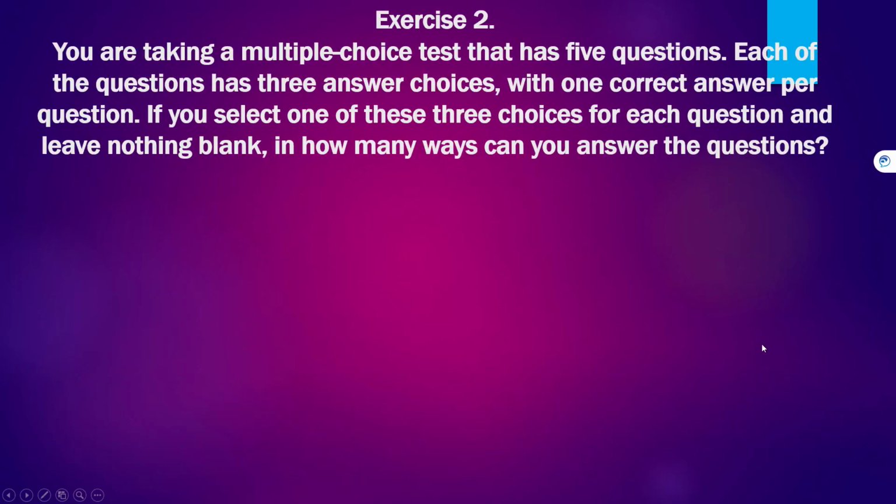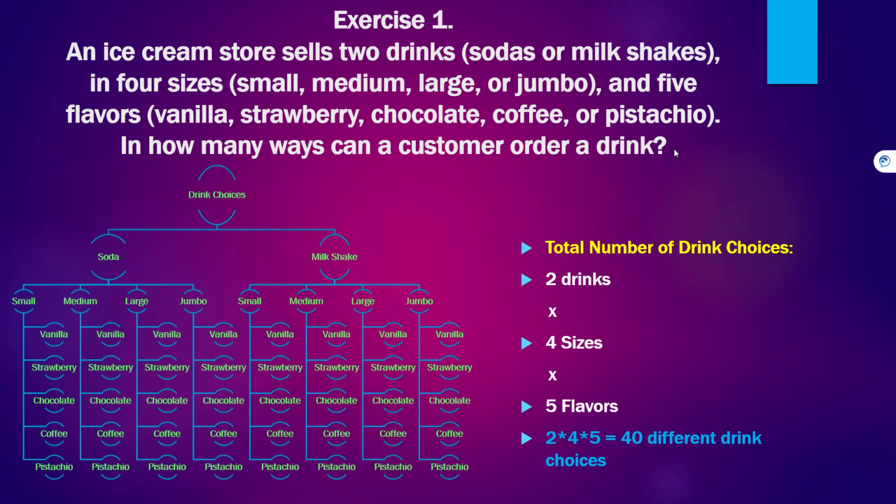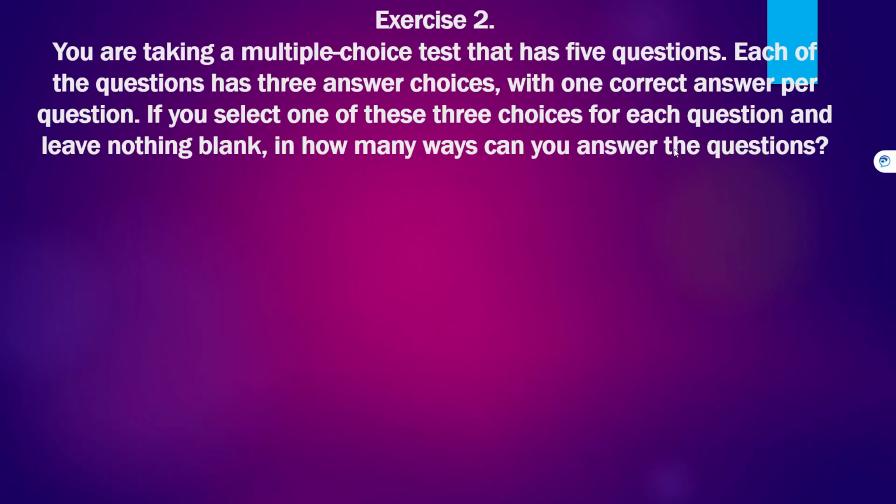Exercise 2. It says that you are taking a multiple choice test that has 5 questions. Each of the questions has 3 answer choices with 1 correct answer per question. If you select one of these 3 choices for each question and leave nothing blank, in how many ways can you answer the questions? So this one is different than the first exercise. The first exercise, we're choosing 1 drink. This exercise, we're choosing 5 different things.